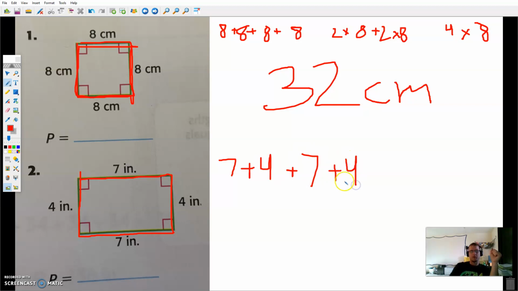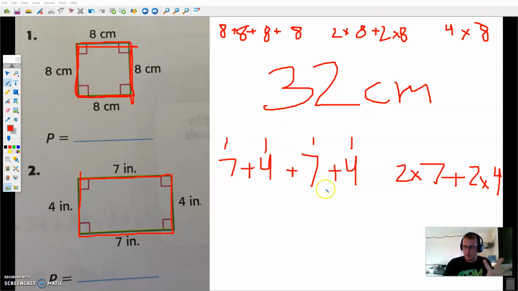Or we can do our 2 times 7, because there's 2 7s, and add to that 2 times 4, because there's 2 4s. We can do either of those problems and we're going to get to the same thing.